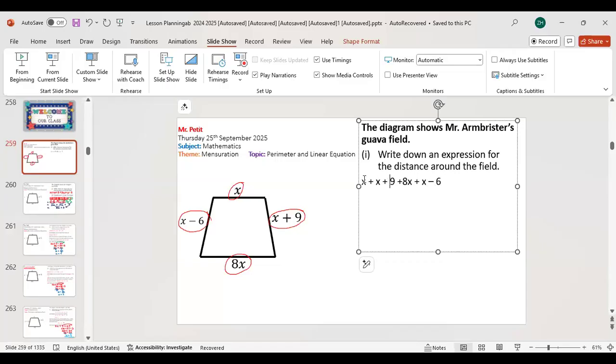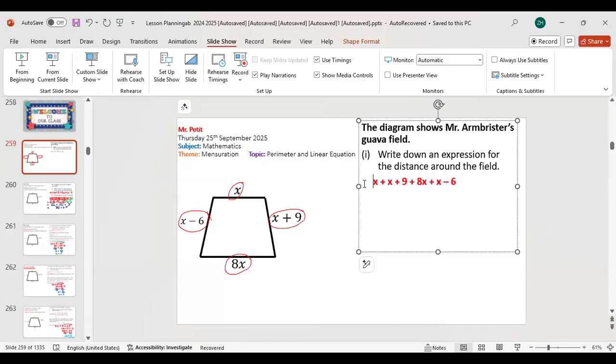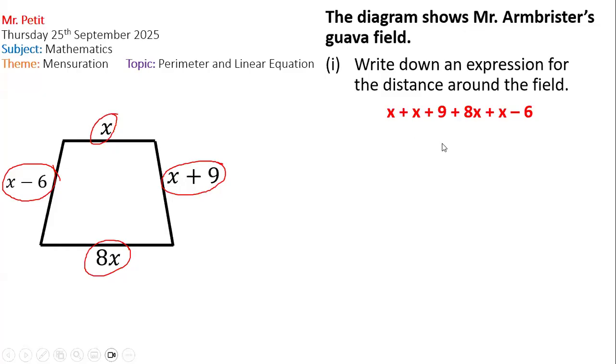Now they don't want us to simplify it yet, but this is our answer just for the expression. All right, class, do you all understand that? Let me know if you all understand that, please. Yes, sir. I understand. So x plus 9, 8x, x minus 6.